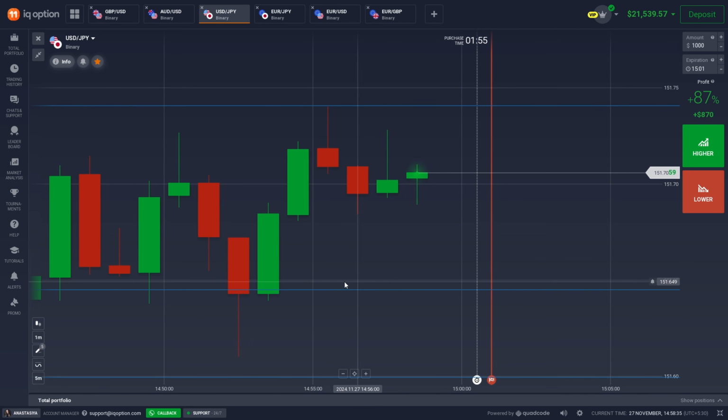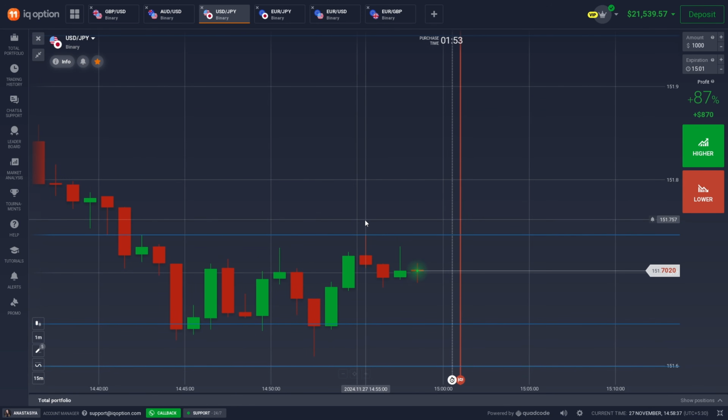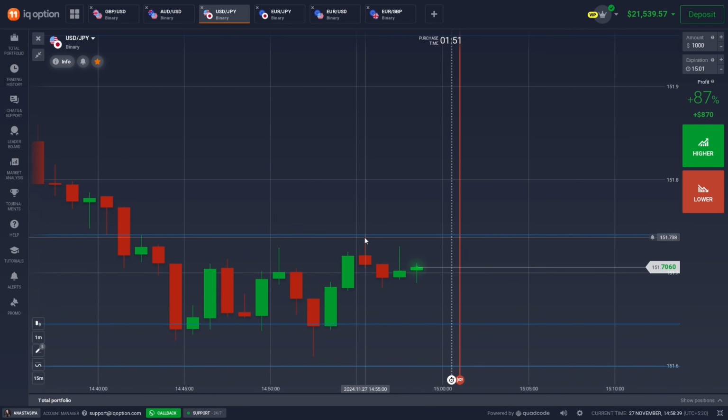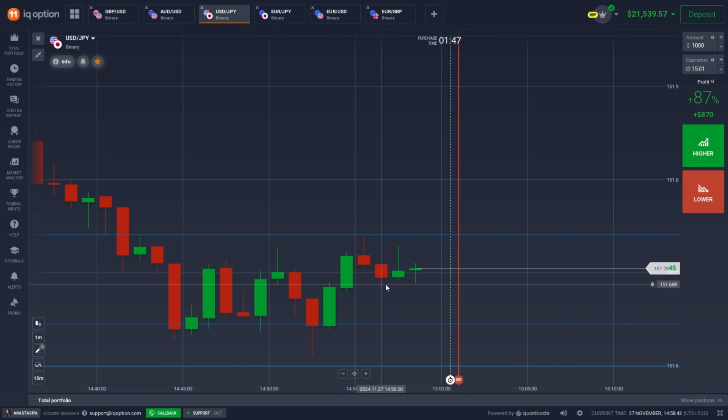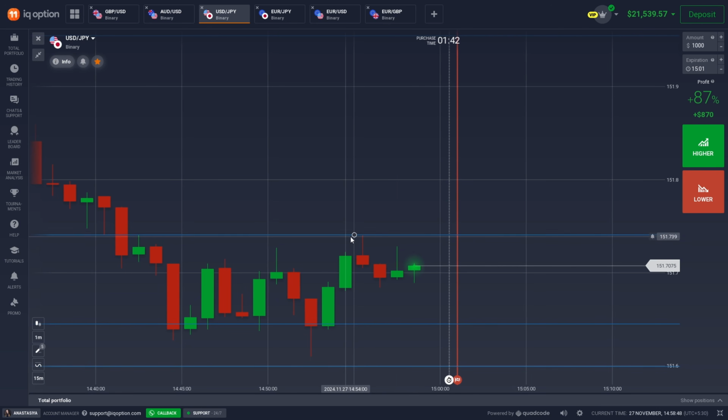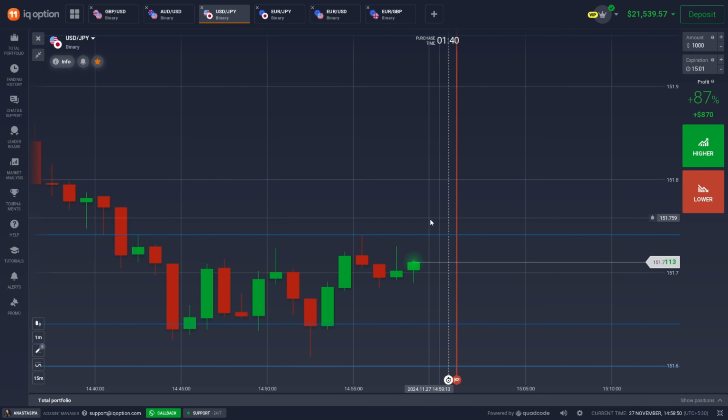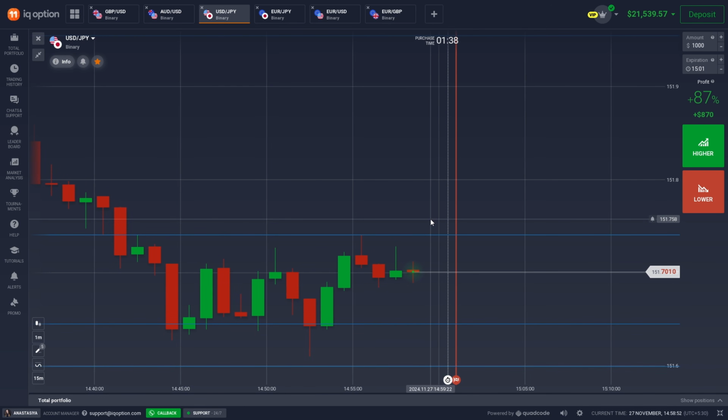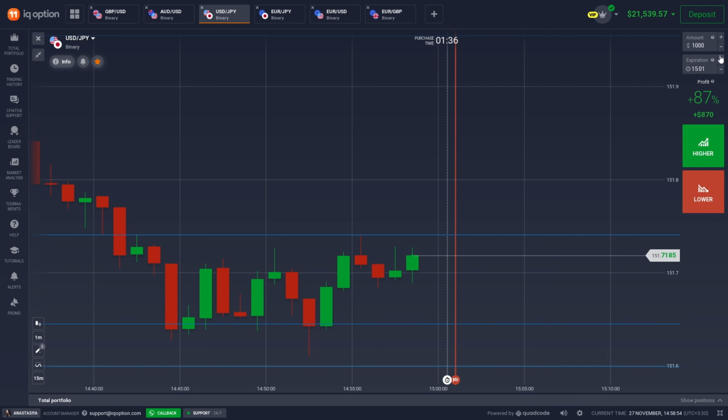And here on 1 minute, this is the low, the market created this high, and this we can consider as the higher low. And if the market breaks this particular resistance level, then it will be a higher high, which is also a confirmation of uptrend.